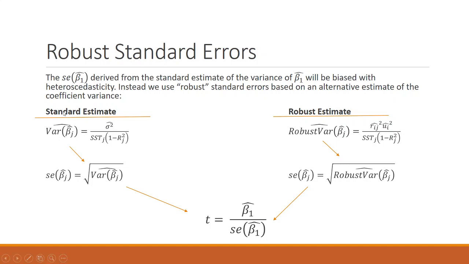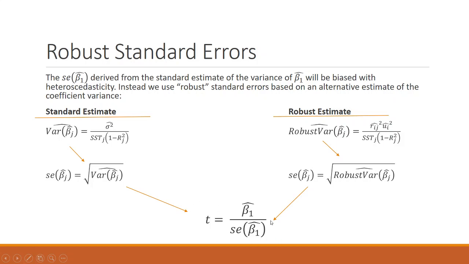All right. So the standard estimate of the variance of our coefficient is what we've shown already in class. We use the sigma squared hat that's based on the residuals. All right. Then we use that to calculate our standard errors, and then we use that to calculate our t-statistic.